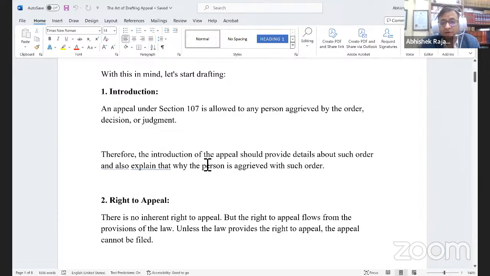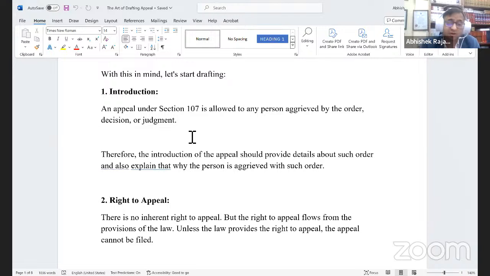So first, I told you we have to explain in the first paragraph that I have received an order, or I had been served an order under section 73 on 31st of December 2023 or 30th December 2023. This order has been served to me through the GST portal.